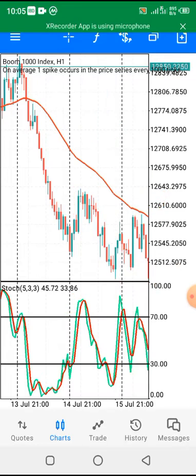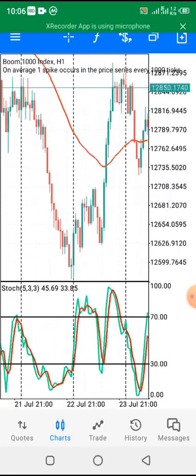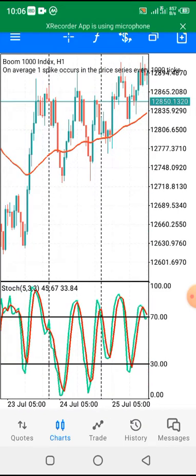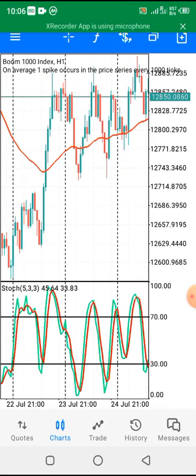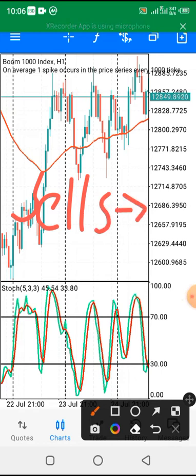So let me show you how to kill with the buys now, right? I've shown you how to kill with sells. Now let me just show you how to kill with the buys, right? So guys, also make sure if you're selling, the price is at the 70 region, right? Really important. If you're selling, make sure price is at the 70 region.